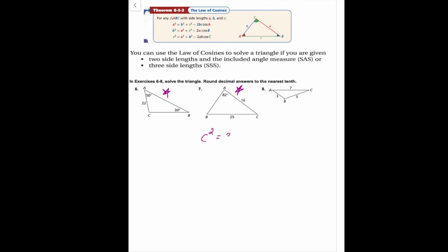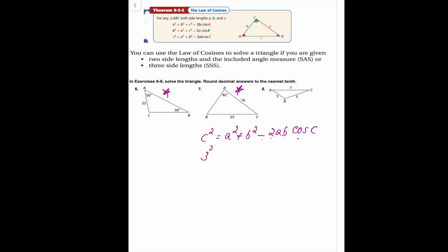So we are doing C squared is equal to A squared plus B squared minus 2AB times cosine C. It doesn't matter which angle you use or which side you use, but one of the sides is equal to the sum of the squares of the other two sides minus 2 times the length of the two sides times the included angle of those two sides, or the angle opposite to the unknown side.